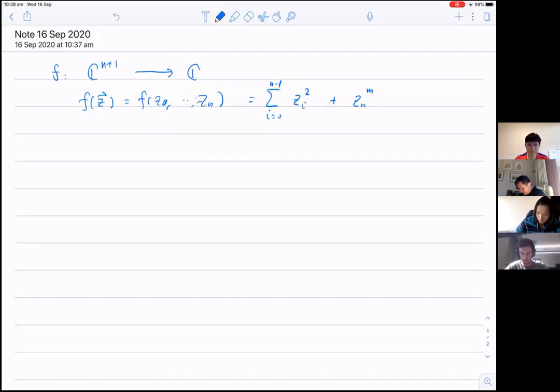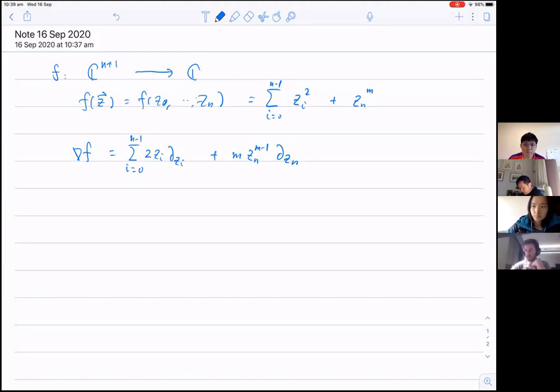So if we want to calculate the gradient, the holomorphic gradient, so this will be 2zi plus n, so that is... the critical point is at the origin, but it is degenerate, because if m is greater than 2, that will be non-degenerate.